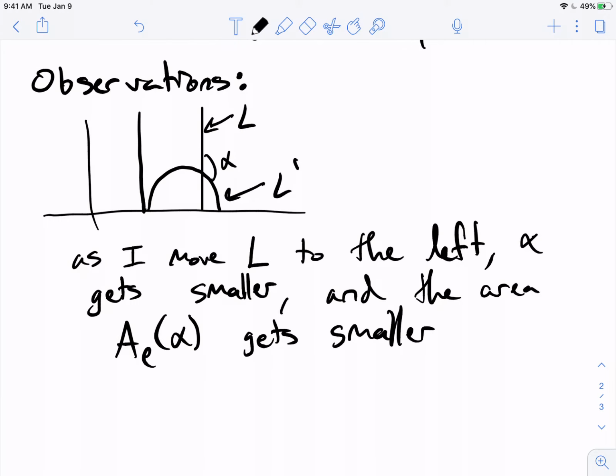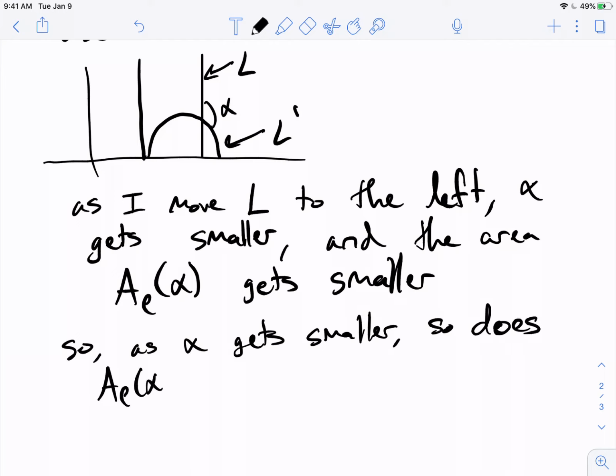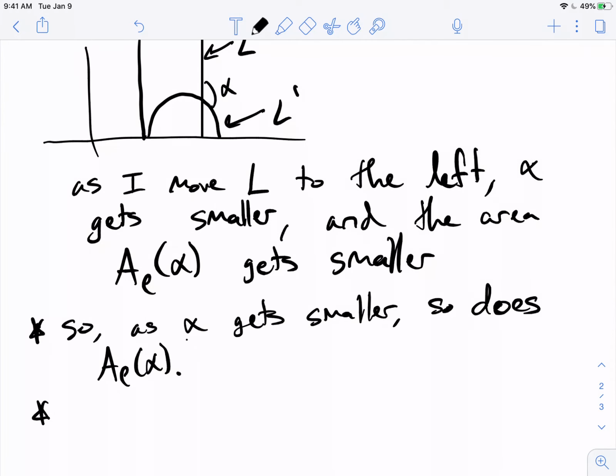So we conclude that as alpha gets smaller, so does A rho of alpha. And so that's fact one. Fact two is that the area varies continuously as I vary alpha. In other words, it's a continuous function of alpha.